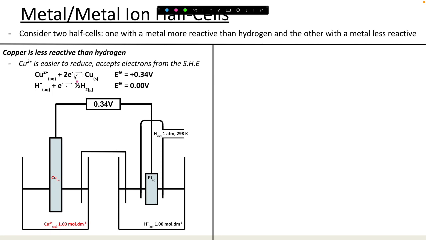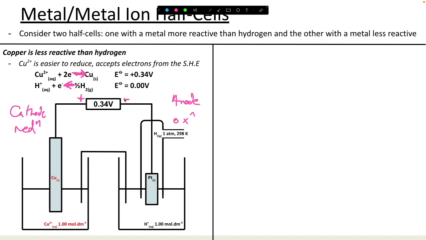So that means that our copper is going to undergo the reduction reaction. So we're going to have the reduction over here. That means that we have a cathode. That means that this is the positively charged electrode for all those reasons we discussed in the previous lesson. That means that in this instance, our hydrogen is going to undergo the oxidation. So we're going to have the anode, and sorry, I've said negative cathode, positive cathode.